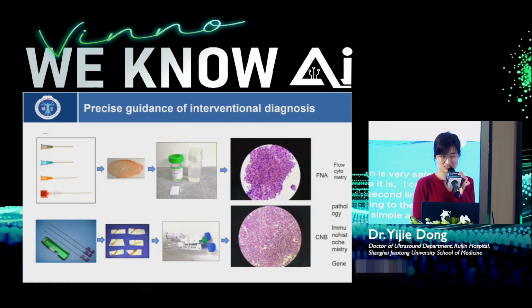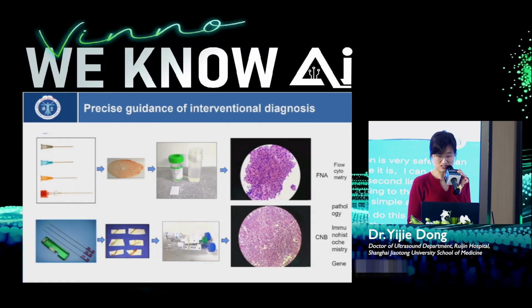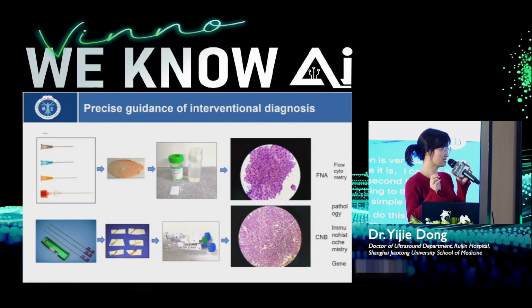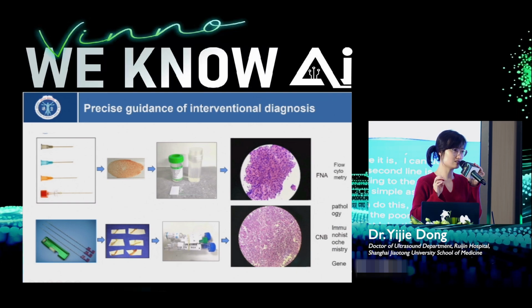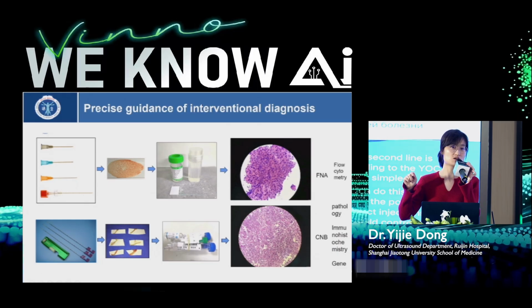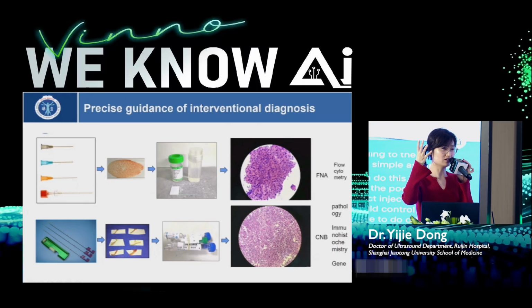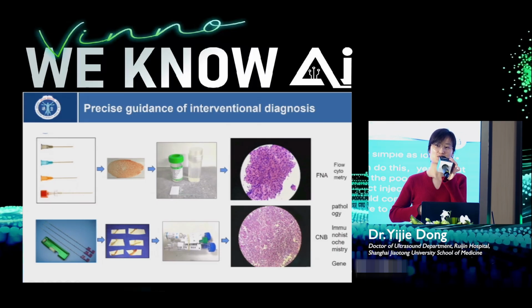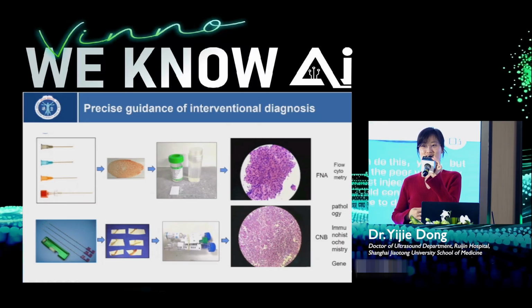With these two interventional workflows, I think for most cases of disease we can do a biopsy in ultrasound departments. Only bone, lung, and some gastrointestinal parts, and pancreas, might give us some little problems. But actually in our department, we also do pancreas biopsy.